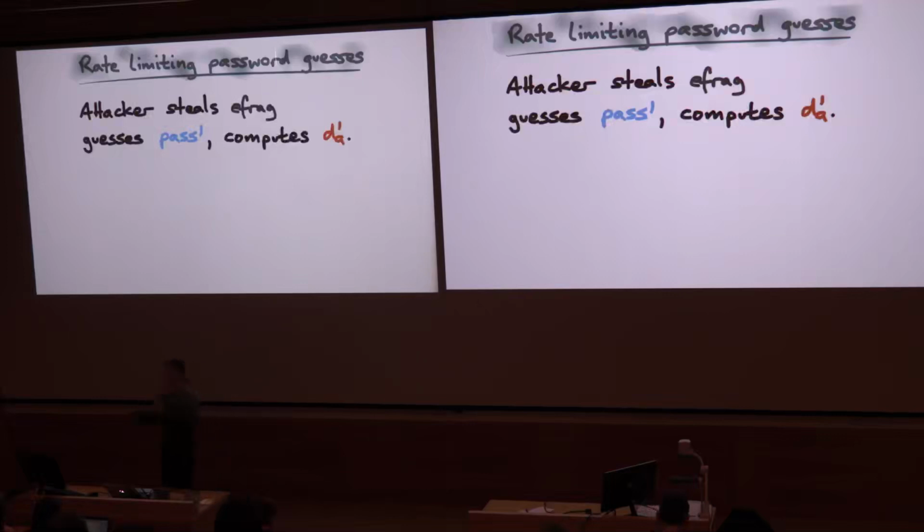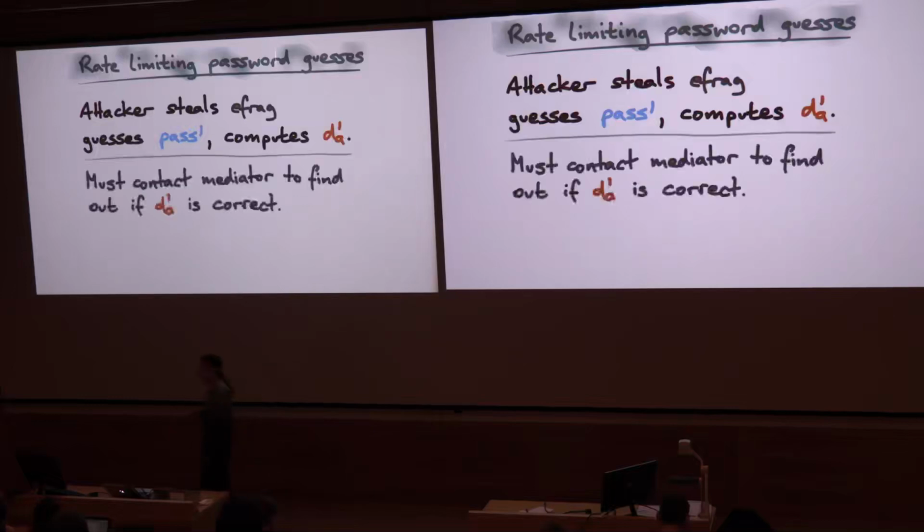They can probabilistically think this is less likely to be correct or more likely to be correct, but it's not a definite yes or no. And so in order to tell for definite whether the password guess was correct or not, the attacker has to contact the mediator and has to perform one of these authenticated requests to the mediator.